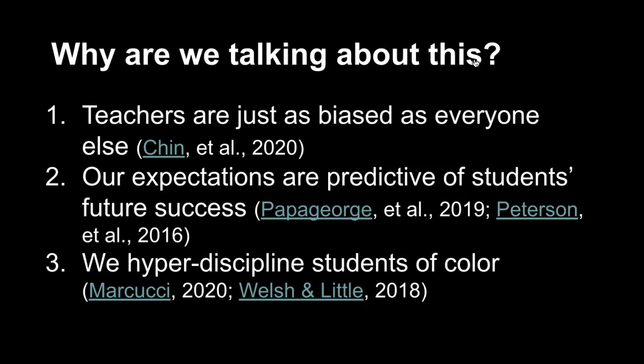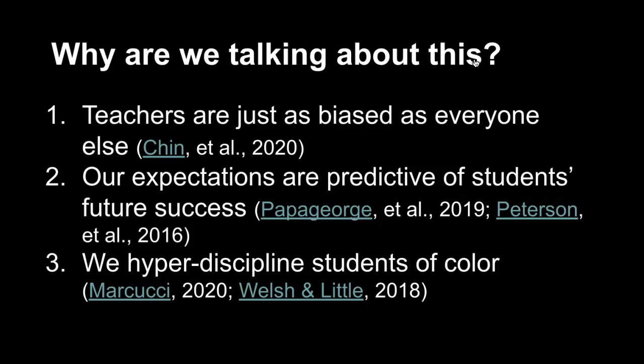Secondly, it's even more problematic that we're biased because, as it turns out, our expectations for students' academic performance are a solid predictor of their future achievement. What we think students are able to accomplish, even as early as first grade, turns out to be more or less what they end up accomplishing.